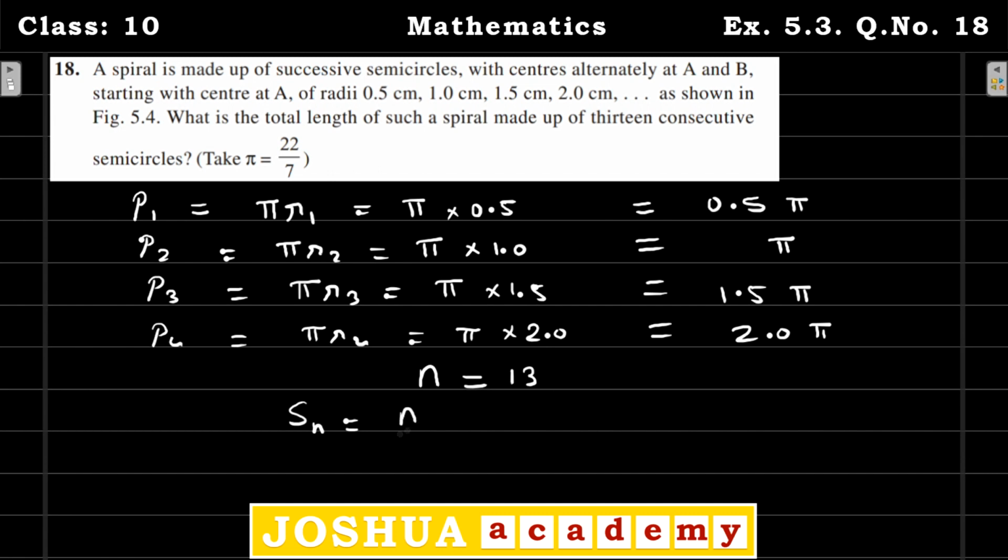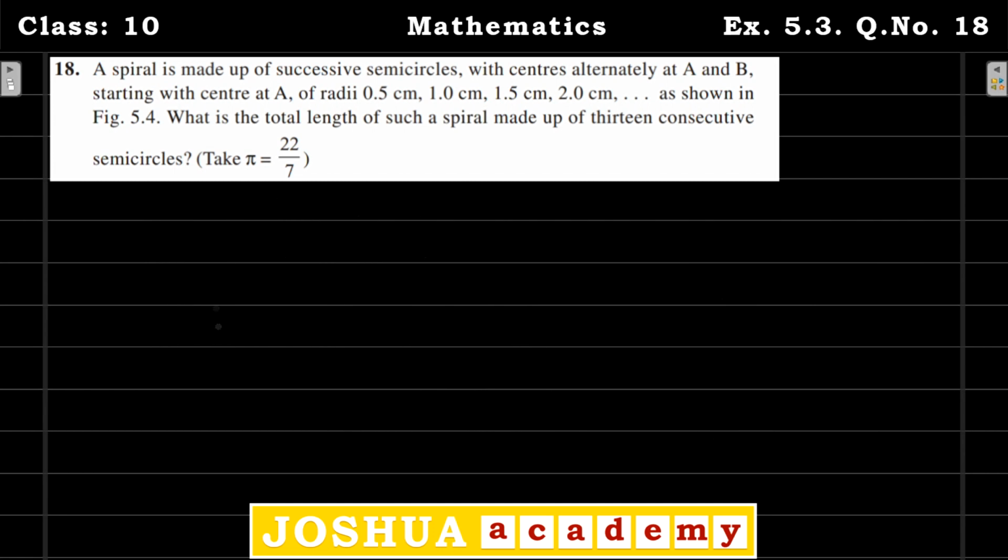Sn equals n by 2 times 2a plus n minus 1 times d, and here n is 13. What is a? The first value, in this case the perimeter of the first semicircle P1. What is d? The difference between two consecutive terms, here the difference between two consecutive perimeters.